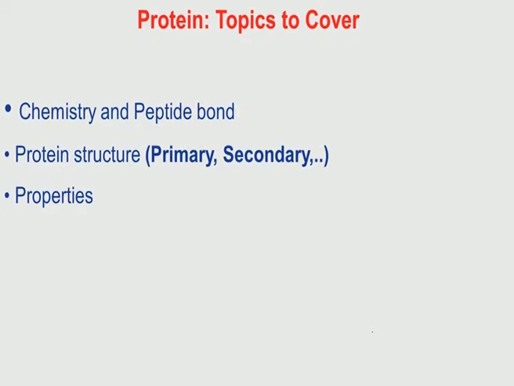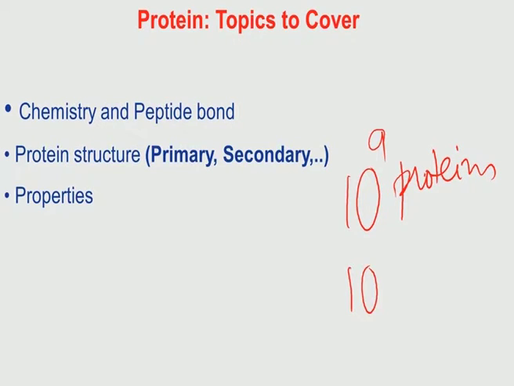So, for quite some time in the last module as well as this module, I have mentioned to you that the extracellular matrix contains proteins, and there is a large number of protein molecules present, if you remember correctly. There are 10 to the power 9 proteins in your eukaryotic cells, that is, truly nucleated cells. You have around 10 to the power 6 proteins in prokaryotic cells.